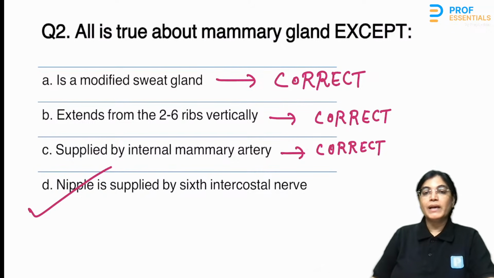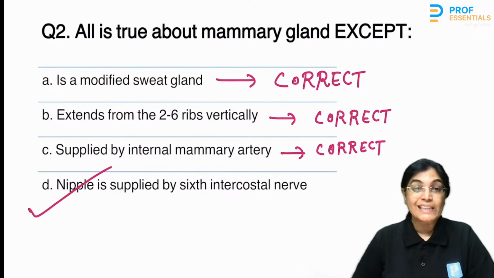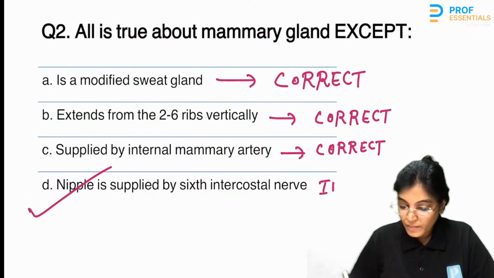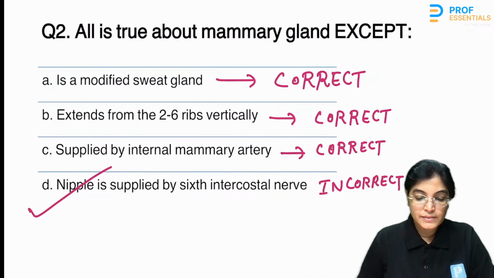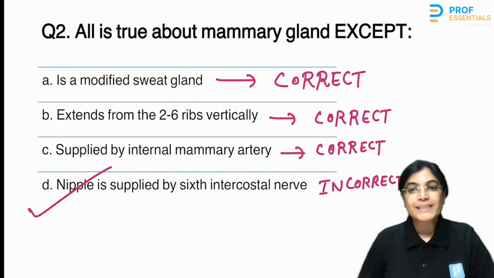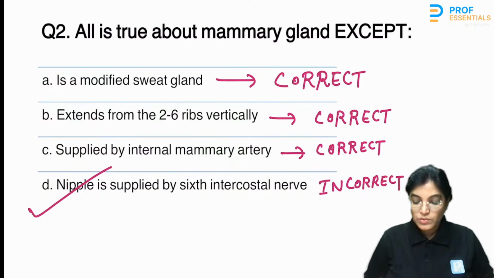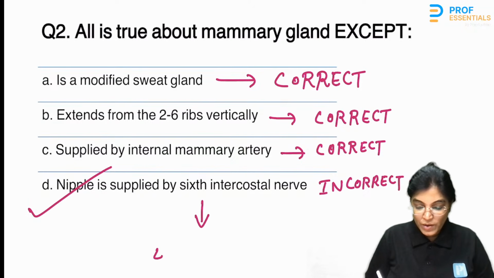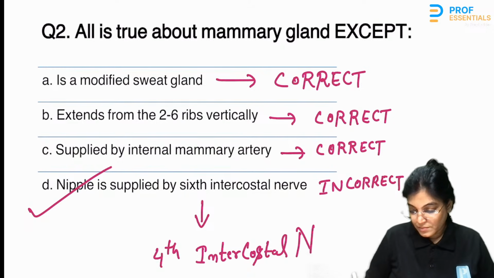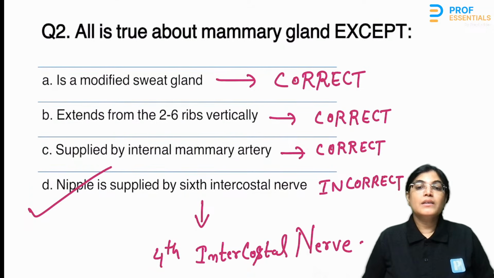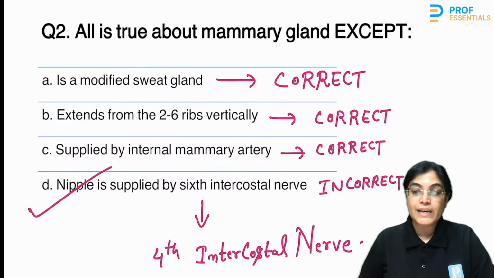So this is the incorrect statement, so it is the right answer. Got it? If I am talking about the nipple areolar complex, it will receive innervation via the fourth intercostal nerve. So this option D was the incorrect statement.